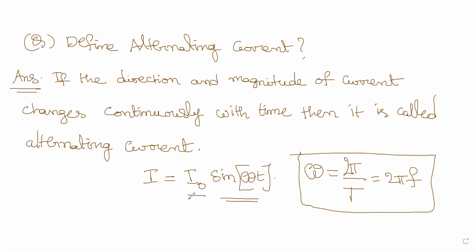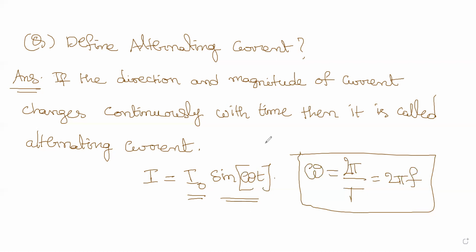Okay, I naught is some value. We'll call it the peak value. I'll tell you what that is. You can say this I naught is called the amplitude. So we define the terms one by one.